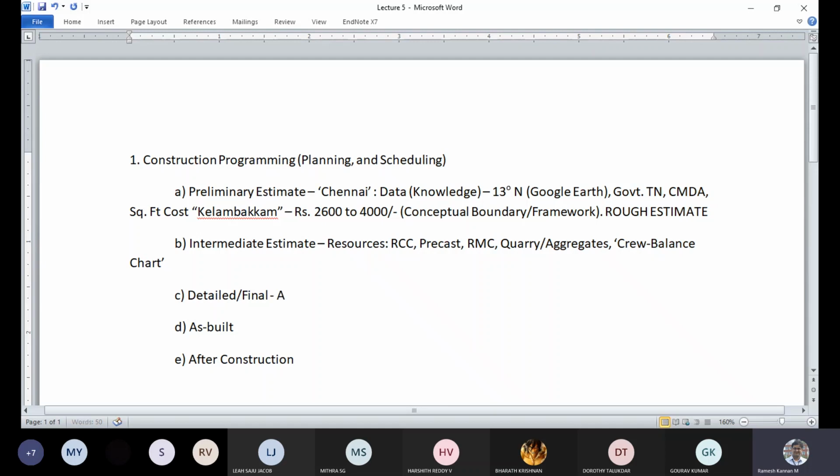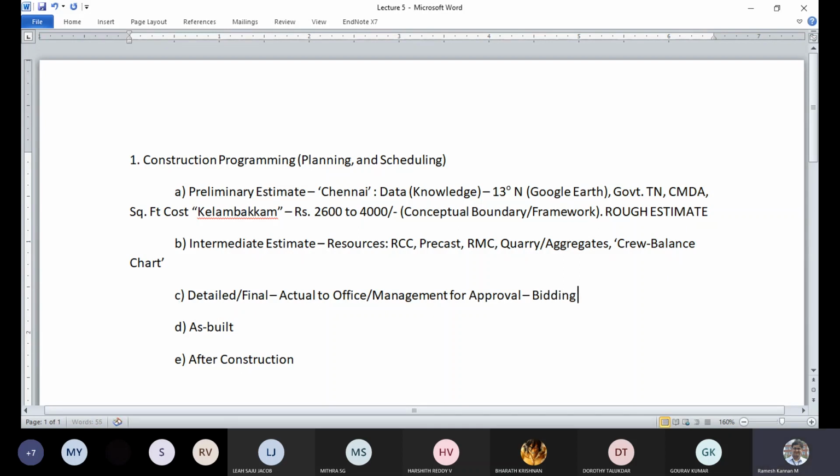It is the actual estimate that goes to the office or to the management for approval. Or if it is a contract, then it goes to the bidding. So this is the estimate that goes to the bidding.